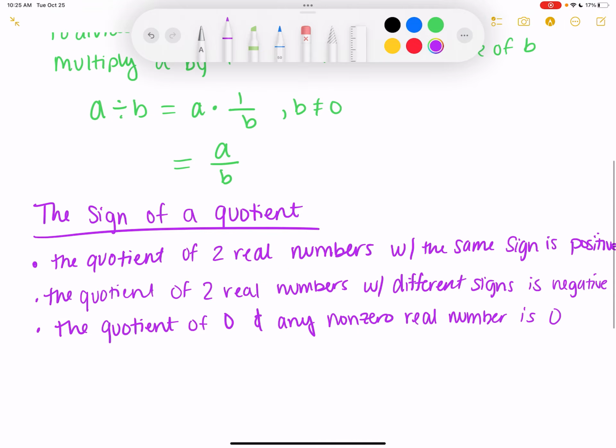And I'm not going to actually write it, but at the bottom of page 105, there's a table of the review of signs for all of the things that we've done. So you could just kind of refer to that if you need it. But what happens, or how do you know if it's positive, negative, or 0? But anyways, that's there for you.